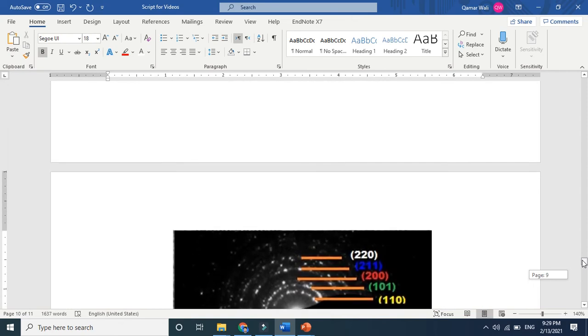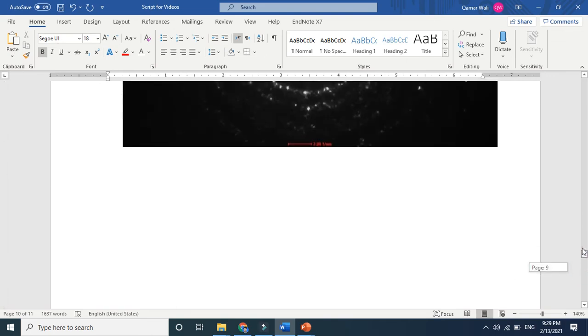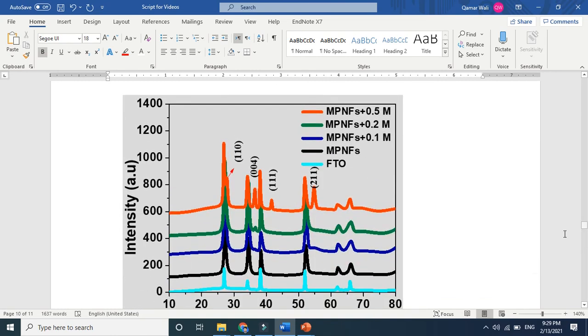Okay, right? This was all about how we index the ring into the HKL value, right? If you look into the theory here, we also index this peak to some HKL value, because why this HKL value is very common? It means the diffraction is basically in 3 directions, because if you look into the crystal material, it is in 3 dimensions, so it is in the X direction, Y direction, and Z direction.